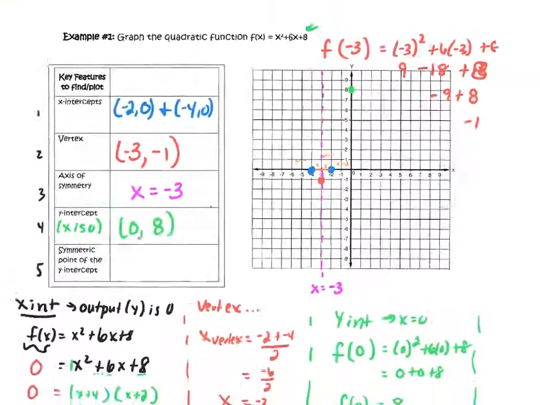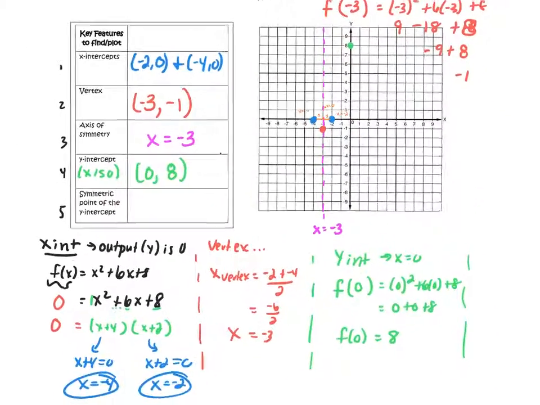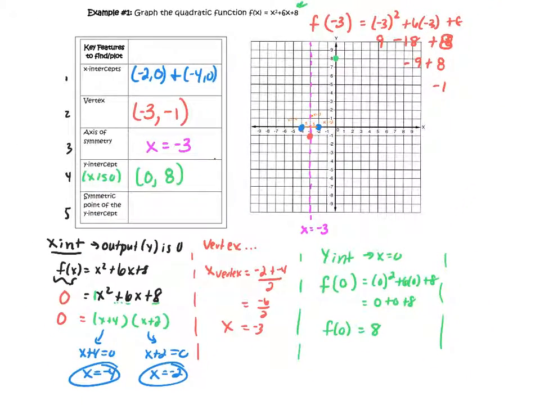So the y-intercept also has a partner point. And all we need to do is figure out how far away is the y-intercept and travel that same distance on the other side of the axis of symmetry. So our y-intercept has an x value of 0, and again, our axis of symmetry has an x value of negative 3. So this distance is 3 units. So its partner is going to be 3 units away on the other side.